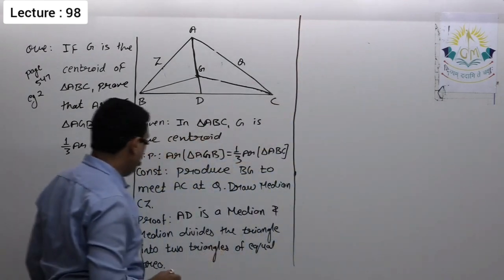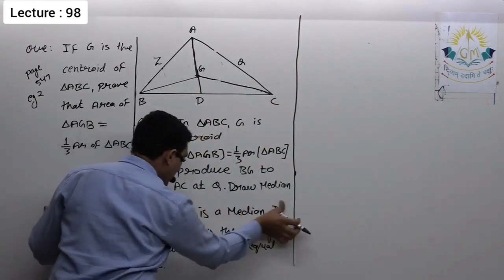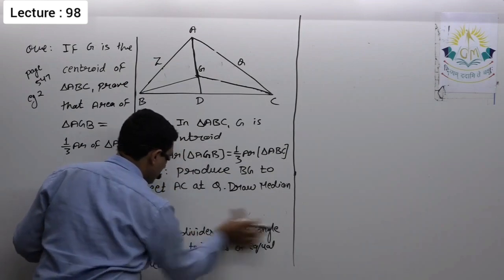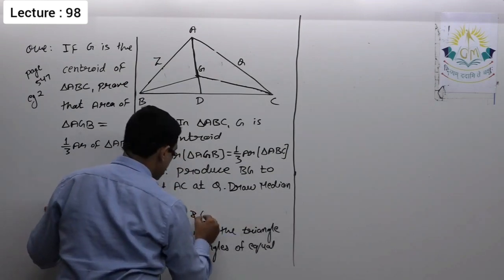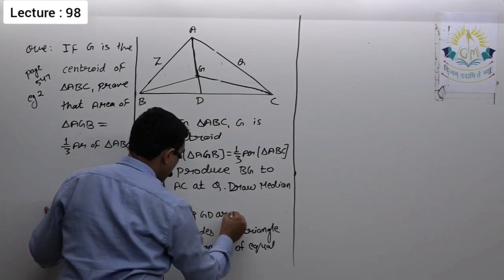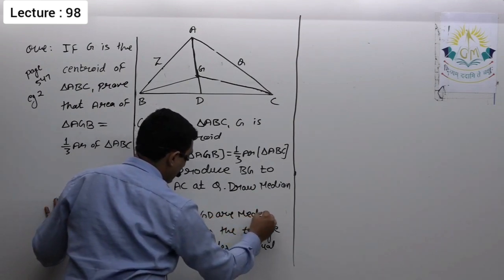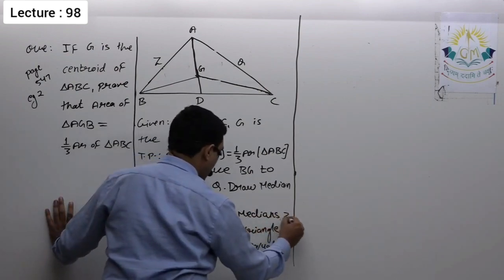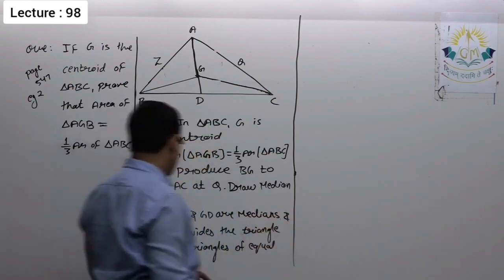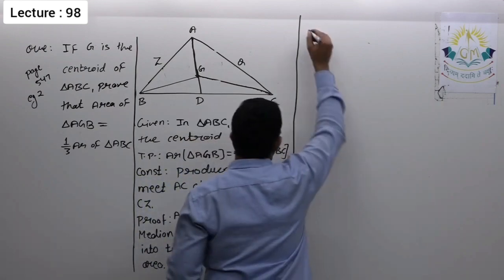Okay, AD is a median, or here I am writing AD and GD are medians, and median divides the triangle into two triangles of equal area.